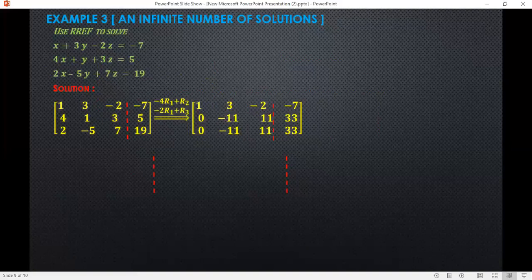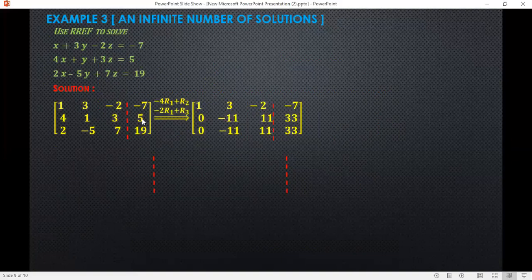You can pause the video and make sure of your computations, and you can write down your computations on a piece of paper and compare between what you get and the answer here on the screen.